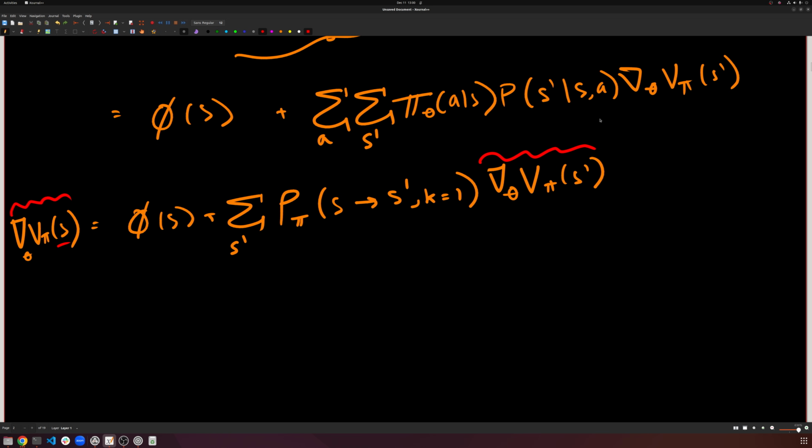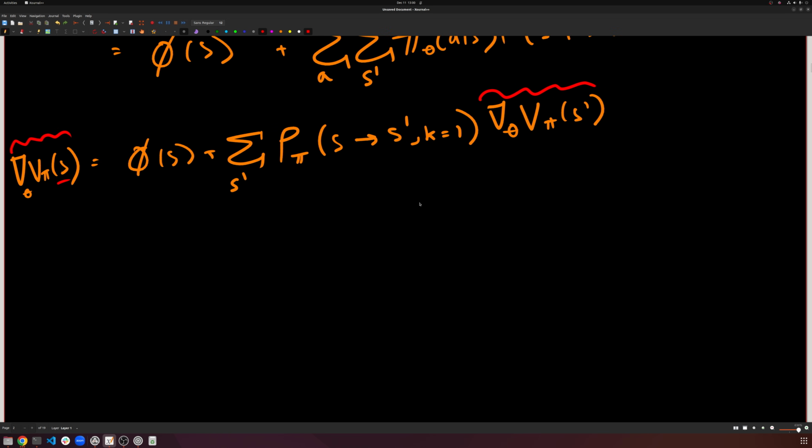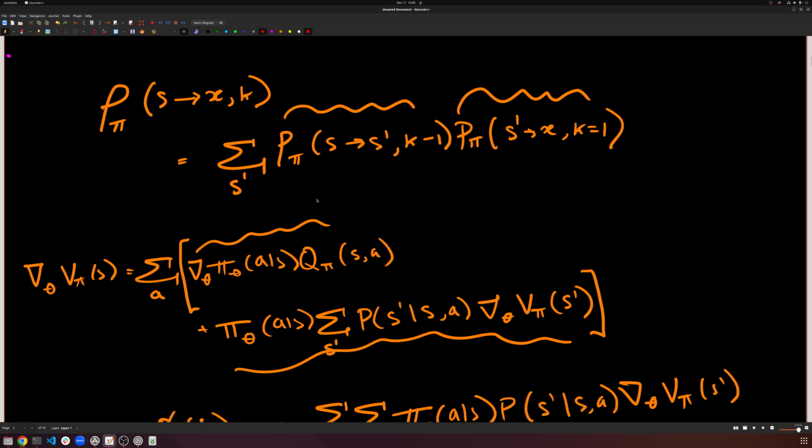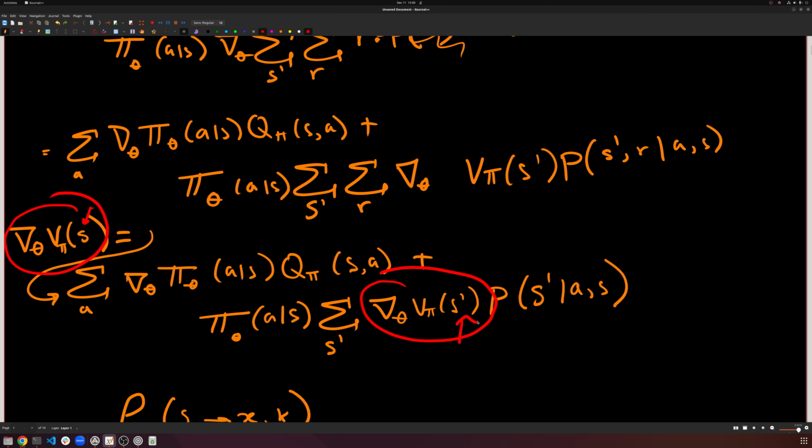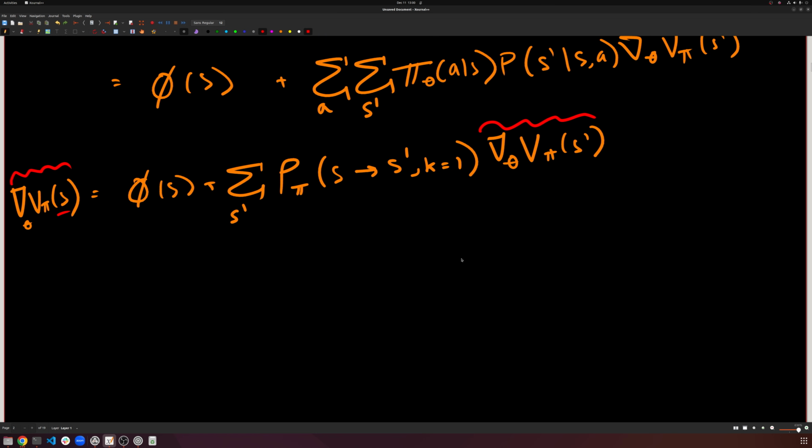And so because this is pretty straightforward, just because writing out the recursion a couple steps here was way simpler than writing out the recursion for all of this stuff up here, let's just go ahead and write it out. So let's just say this is equal to, so all of this is going to be the same, phi s plus the sum over s prime, the one-step transition from s to s prime in k equals 1 step.